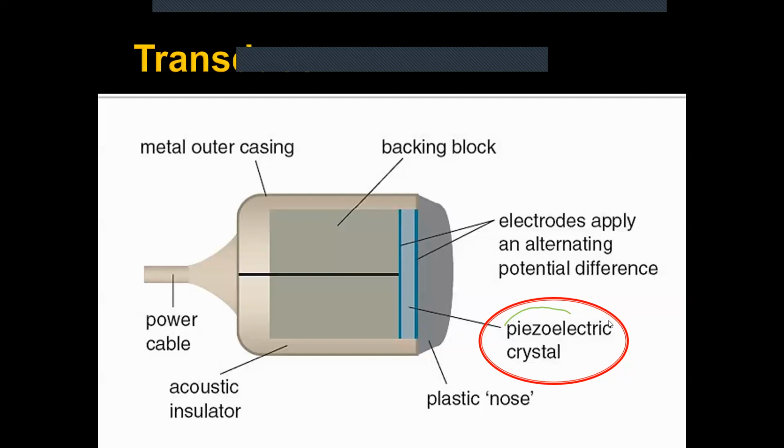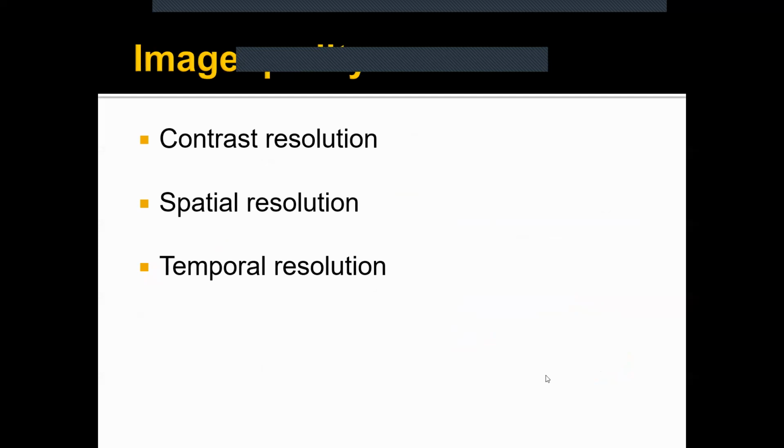But it will always vibrate with the exact same frequency. Okay? So it doesn't matter what the current is, this piezoelectric crystal will vibrate with the same frequency, and that allows us to produce a consistent sound when we're looking at the patient's body structures.